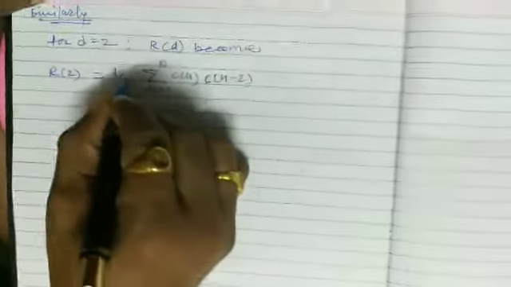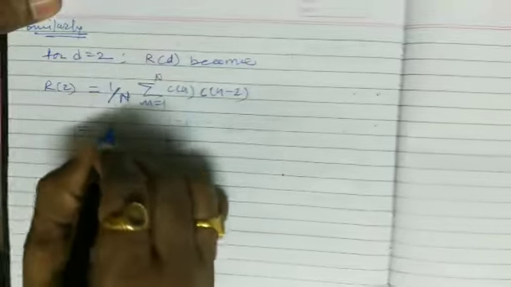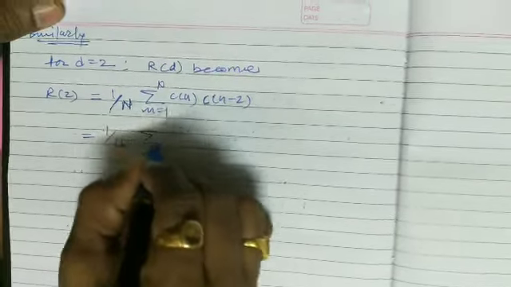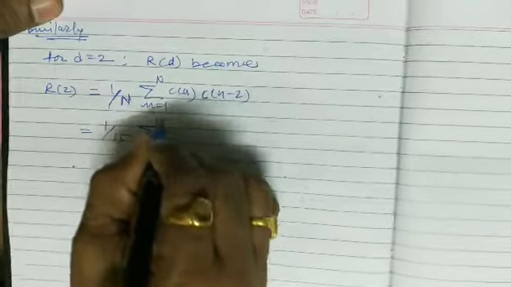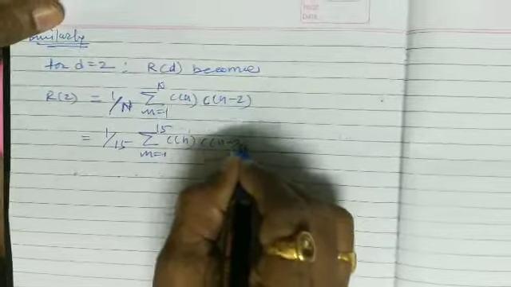If you put the value of N is equal to 15 as per the example that we are considering already, then this will be 1 by 15 summation n is equal to 1 to 15 C of n into C of n minus 2.